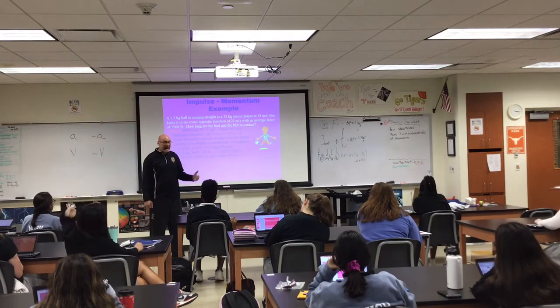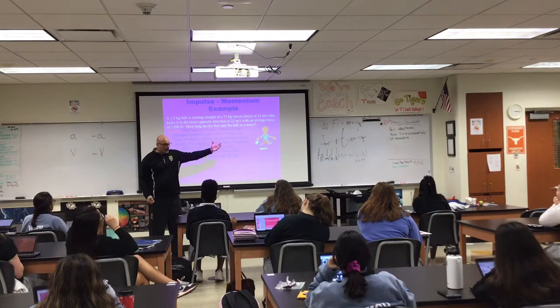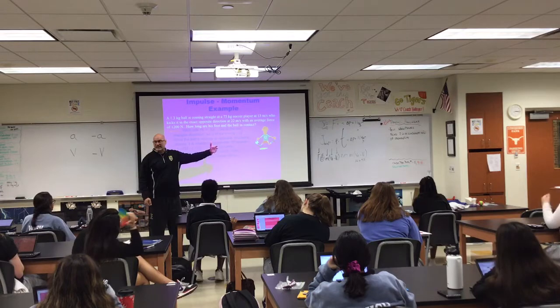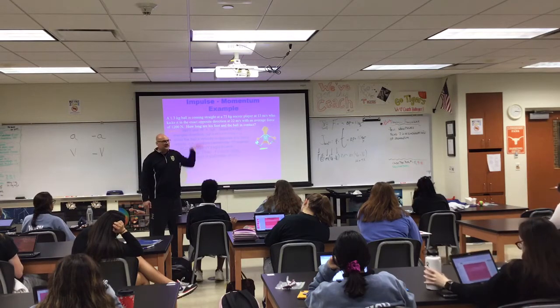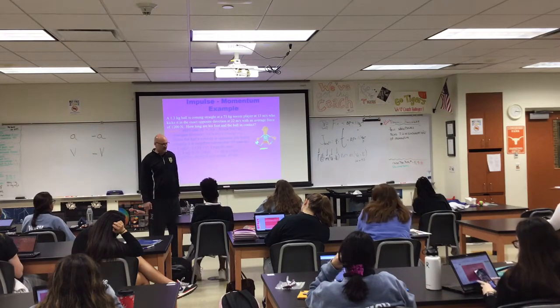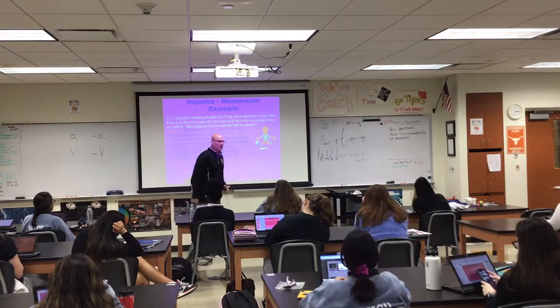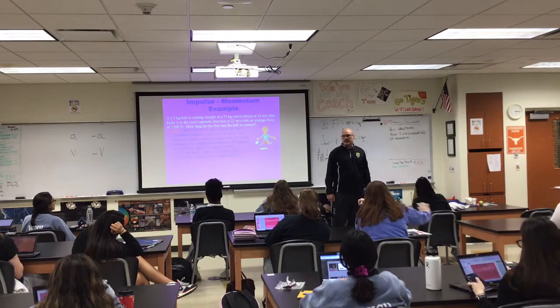Which is 65. That's a greater change, which means the ball is going to go farther. So anytime you're trying to kick a soccer ball far, you want somebody to roll it at you rather than just set it down on the ground and kick it. It'll go farther if somebody rolls it at you. Which is why a lot of times they'll roll the ball at the goalie and the goalie will kick it as it's being rolled at him.